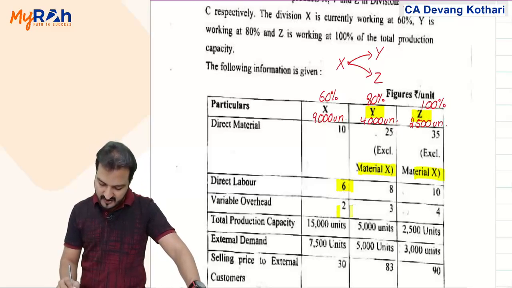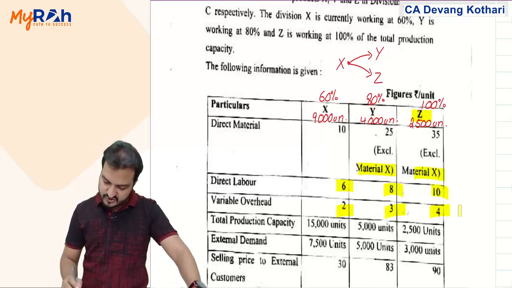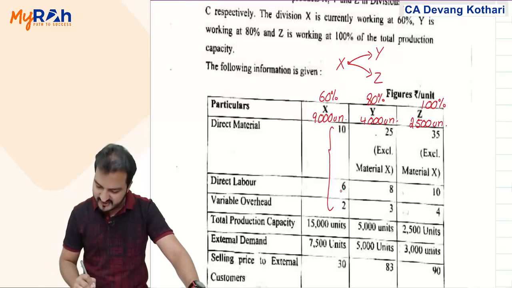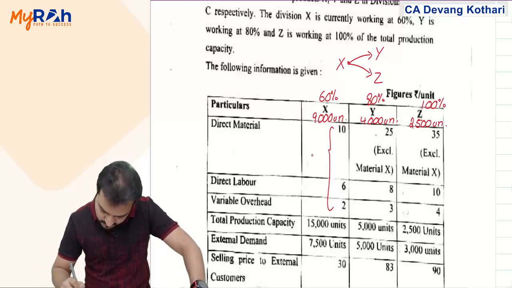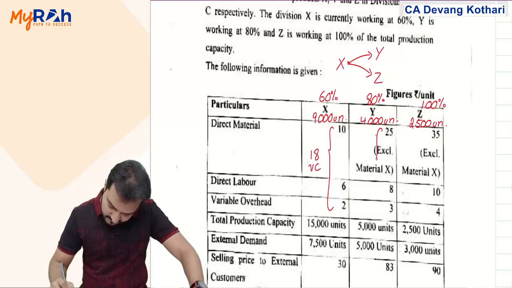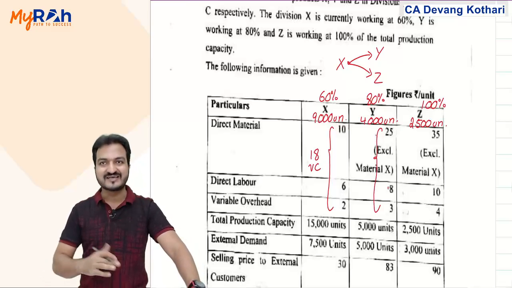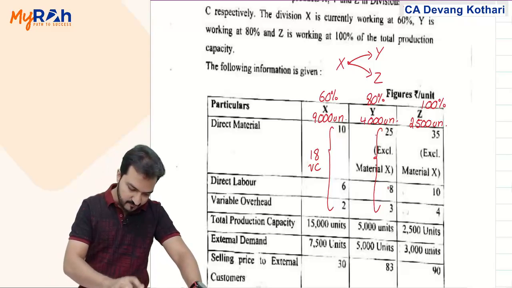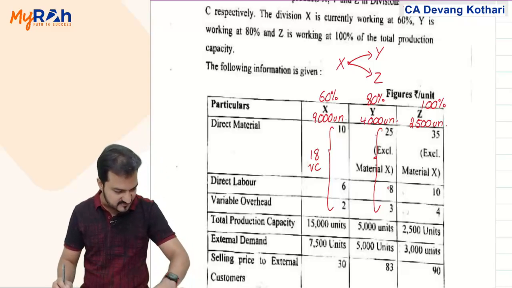Labor and other overheads, your variable overheads you are given. So let us identify variable cost. In division X, variable cost 10 plus 6 plus 2 is 18. Division Y, variable cost excluding the transfer cost is 25 plus 8 plus 3, that is 36.